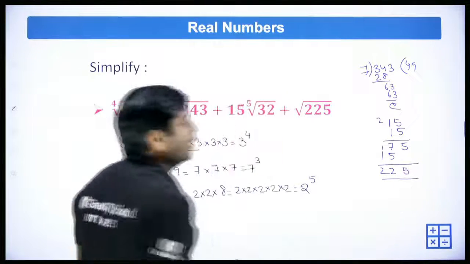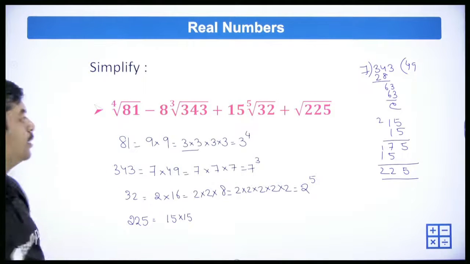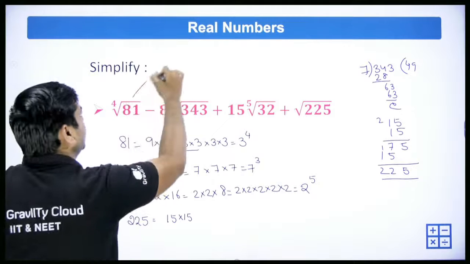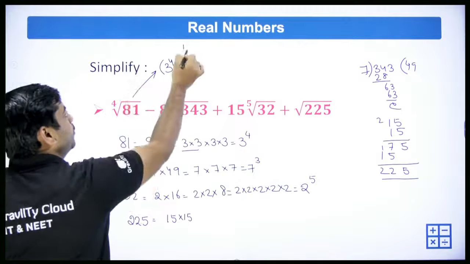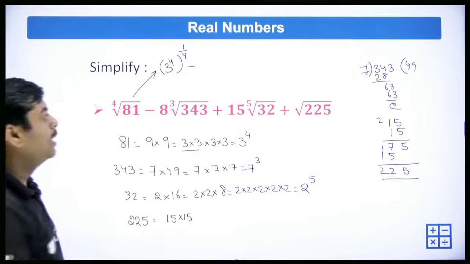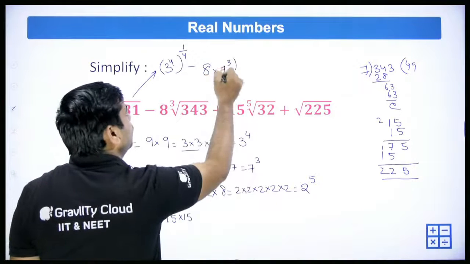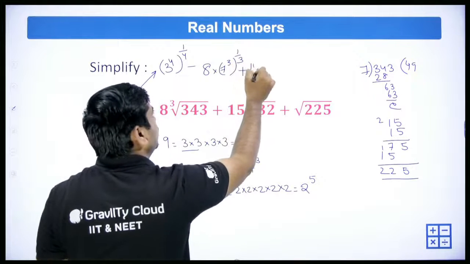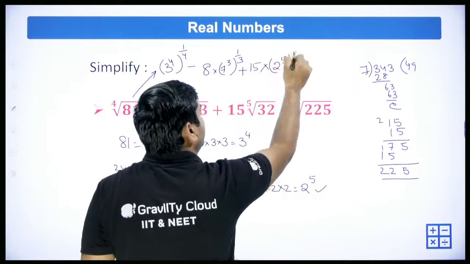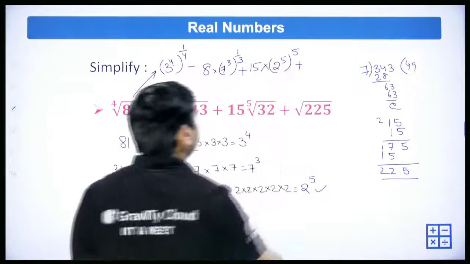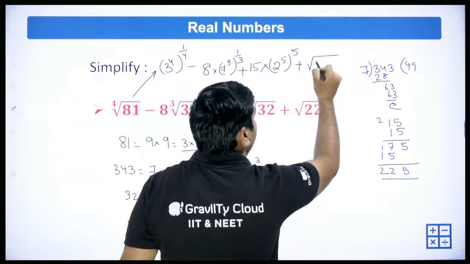Let me write that once again properly. 225, right? So now we have all the information available. I'm just writing the basic line from there. You need to start writing. Okay. So this step can be written as 3 power 4 whole power 1 by 4 minus 8 into 343 is 7 cube, 7 cube whole power 1 by 3 plus 15 into 32 is 2 power 5, 2 power 5 whole power 1 by 5 plus root 225, which is 15 square, root over 15 into 15.